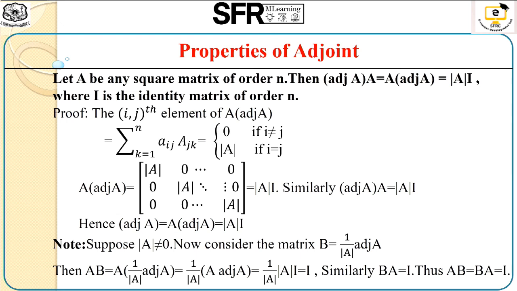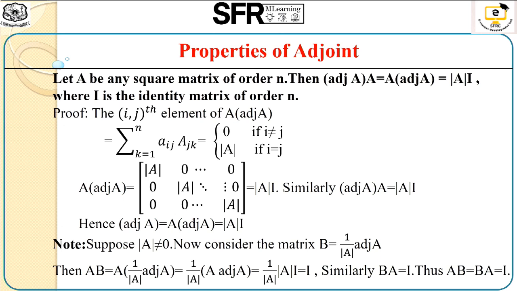So I am taking the ijth element of A into adjoint of A, that is Aij into Ajk. As a characterization, if i is not equal to j, it should be 0. If i equals j, then it is determinant of A. So A into adjoint must be an n cross n matrix.